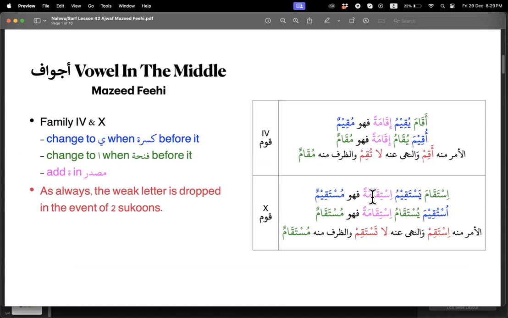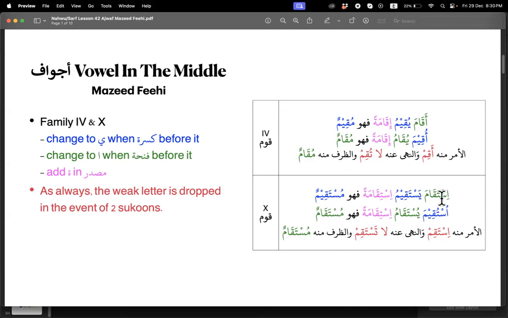Same thing happened, just that the word is longer. And here is mustaqimun. Same thing. One word is shorter, one word is longer, but the rules are basically the same.